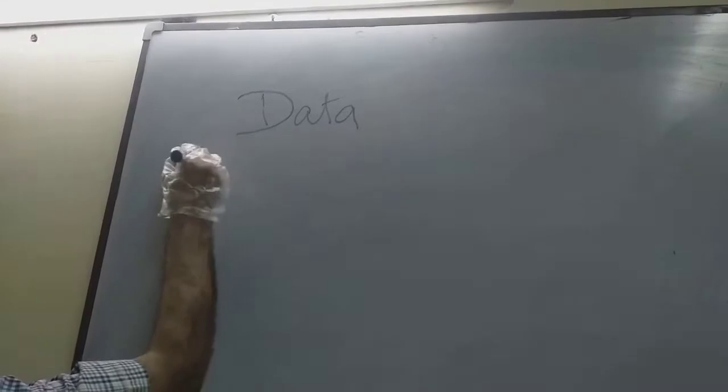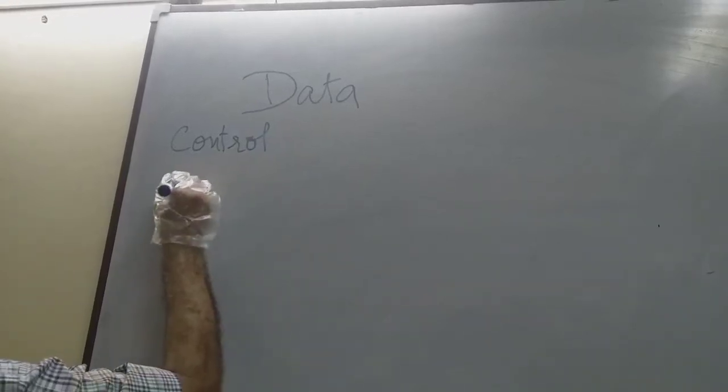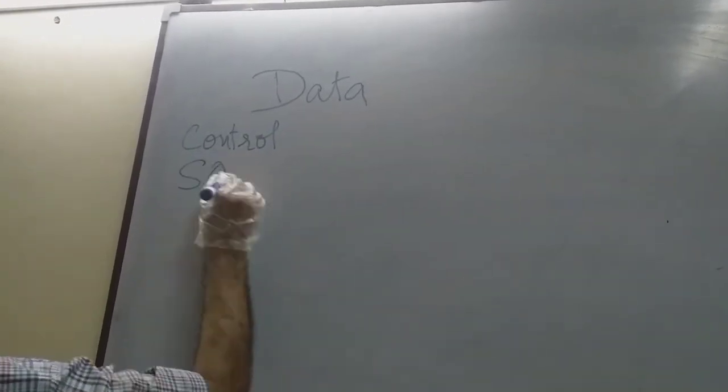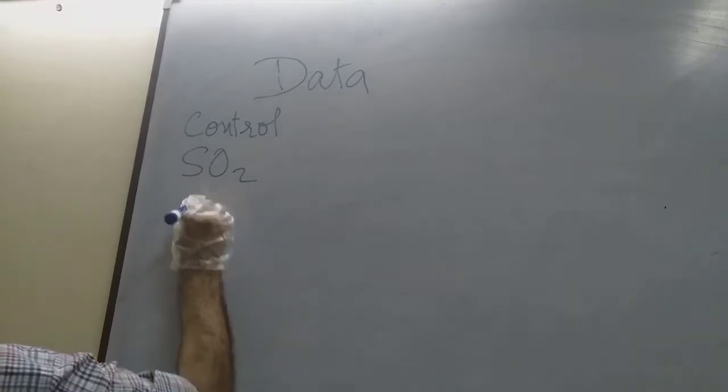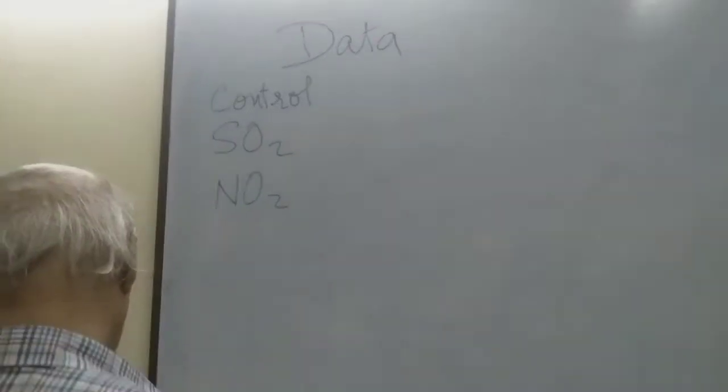On replicates, suppose we are testing the effect of control, that is no treatment, and SO2 and NO2, sulfur dioxide, nitrogen peroxide, on the growth of plants.